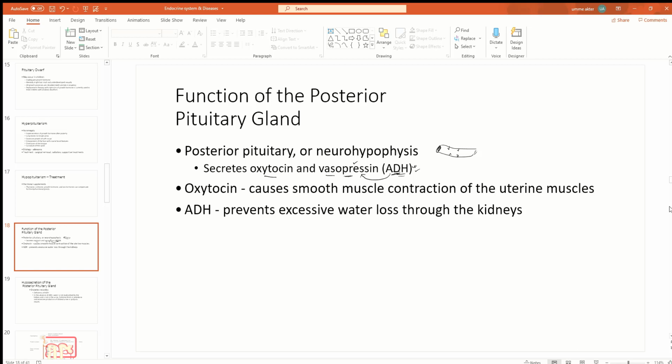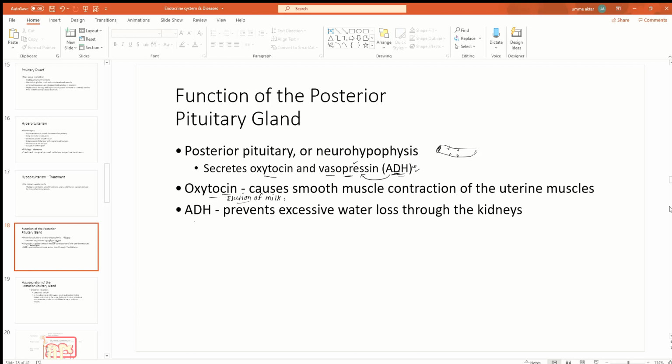Okay, we talked about two important functions of oxytocin: childbirth by uterine contraction, and another function is ejection of milk. I didn't mention this. So ejection of milk from the mammary gland or female breast.